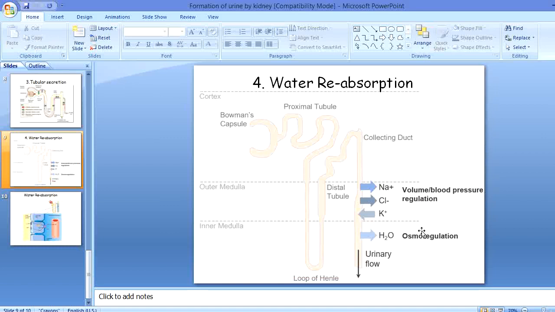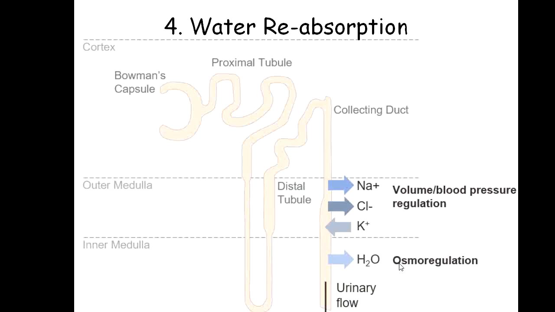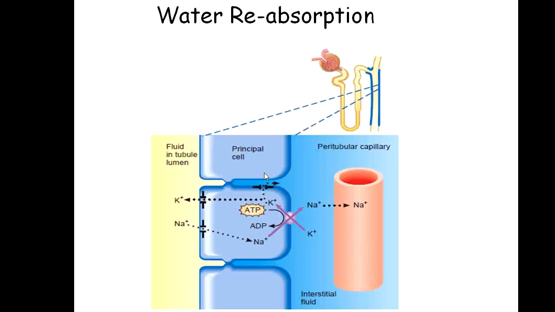So the antidiuretic hormone actually makes aquaporin channels. This hormone synthesizes aquaporin channels, which are responsible for the reabsorption of water. The reabsorption of water will take place over here.